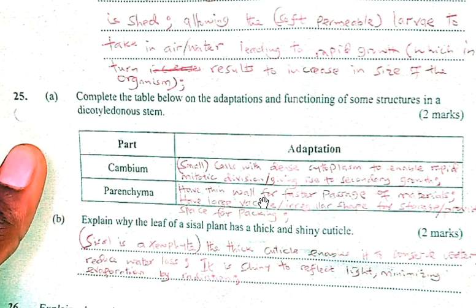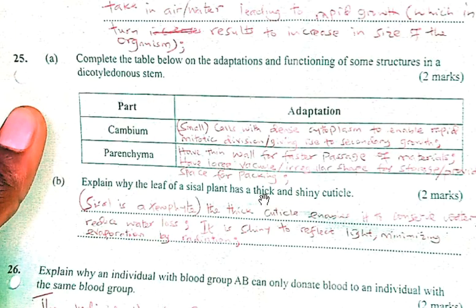Question 25. Complete the table below on adaptations and functioning of some structures in a dicot stem. Cambium: the cells have a dense cytoplasm to enable rapid mitotic division or give rise to secondary growth.